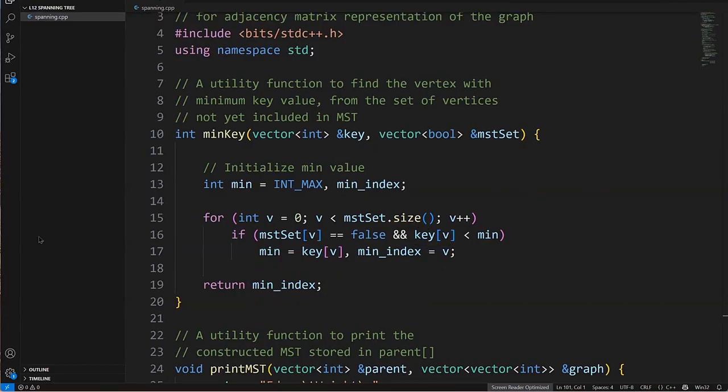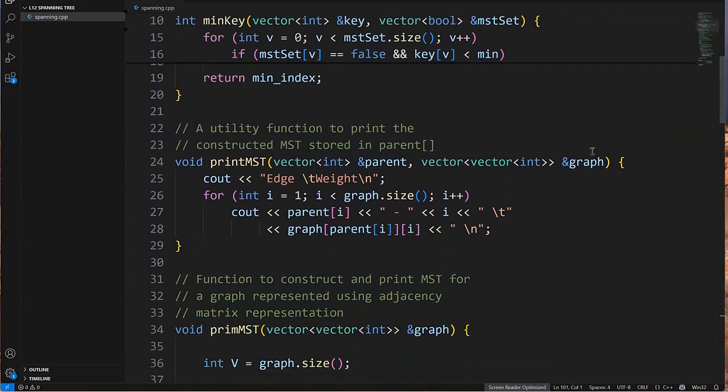There is another one, where eventually you have a function that prints the minimum spanning tree based on your graph. Graph is a vector of vector of integer. So this one is actually the adjacency matrix. That's your graph.